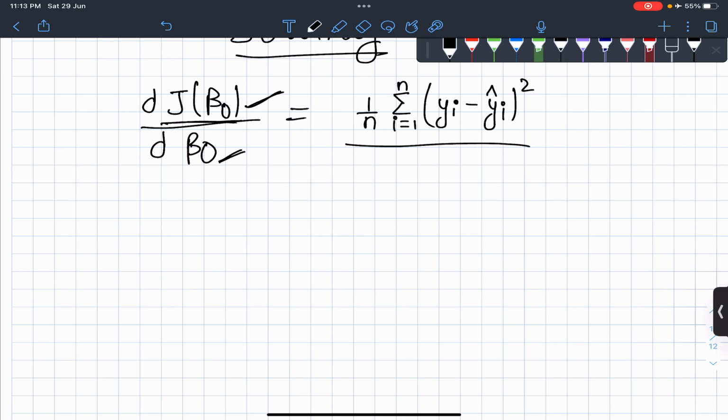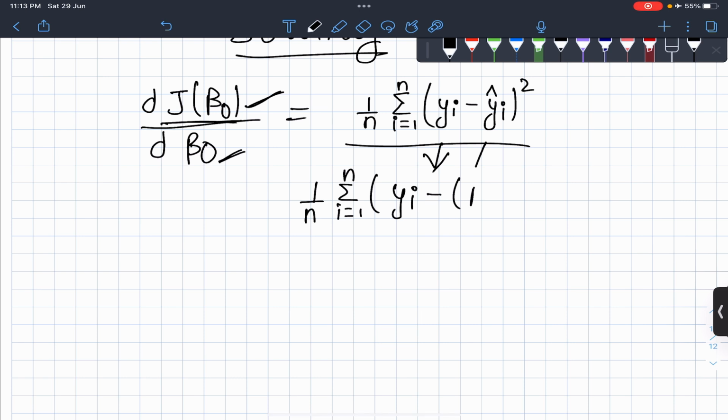Now we applied the chain rule, but we can also expand this further, because we had also this. What was this? It was nothing but beta 0 plus beta 1 x. Yes, it was.